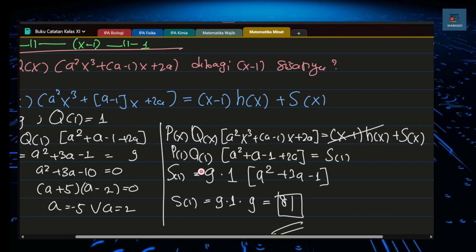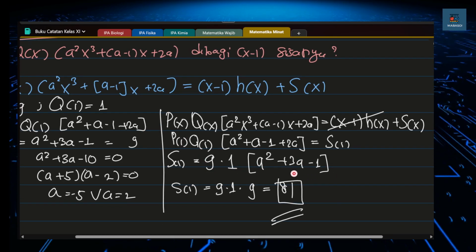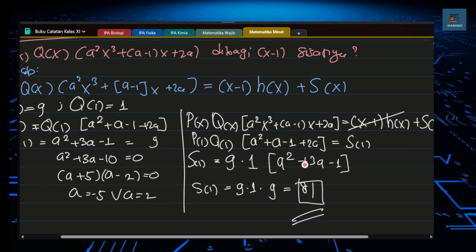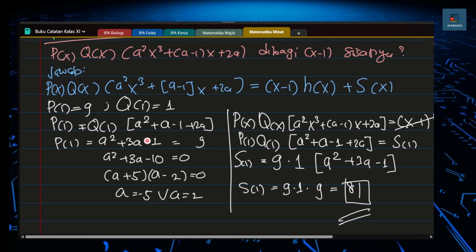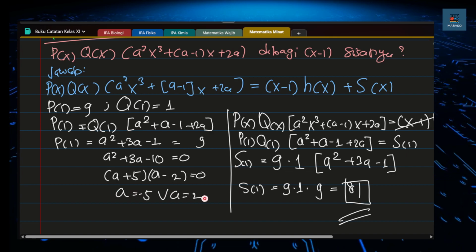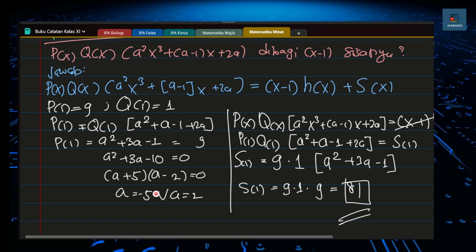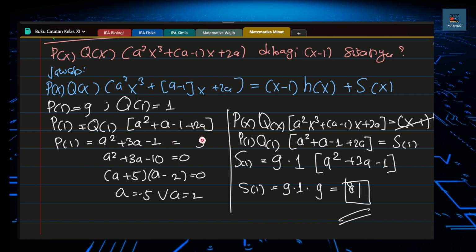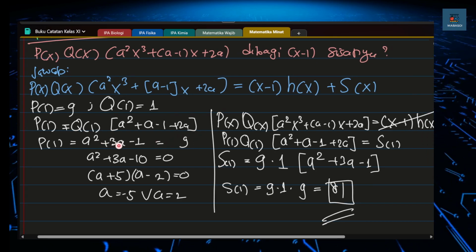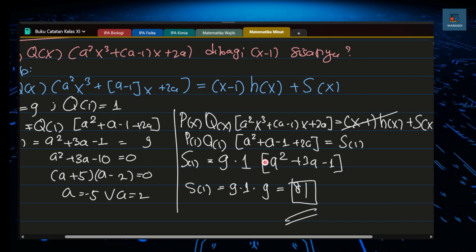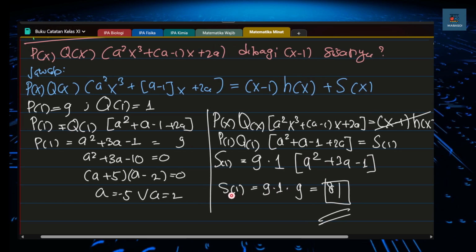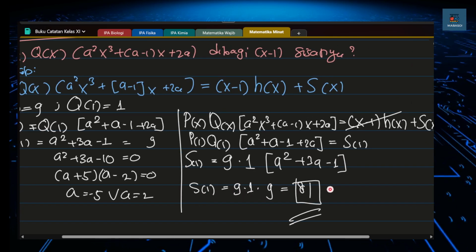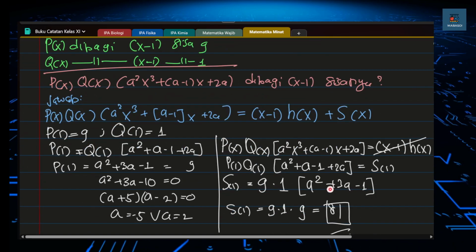We know P(1) and Q(1) are 9 and 1, and that a squared plus 3a minus 1 equals 9. So we don't have to find the value of a. So it means 9 times 1 times 9. The answer would be equal to 81.